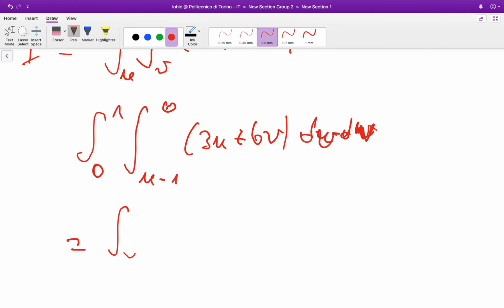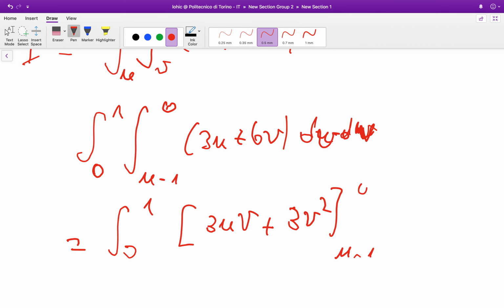Now I take the integral from 0 to 1. Doing it in dv, it gives 3uv plus the integral of 6v, which is 3v square, right? Taken between u minus 1 and 0, then du.